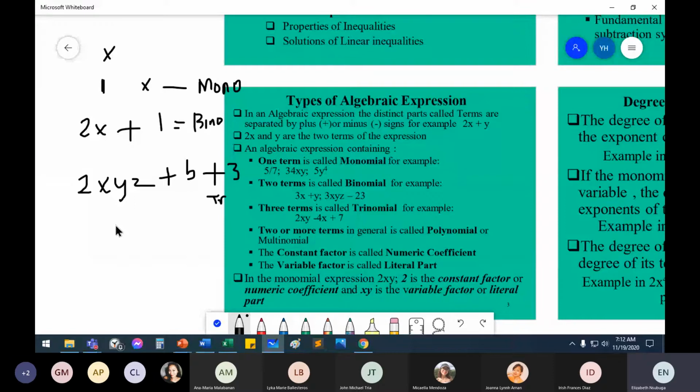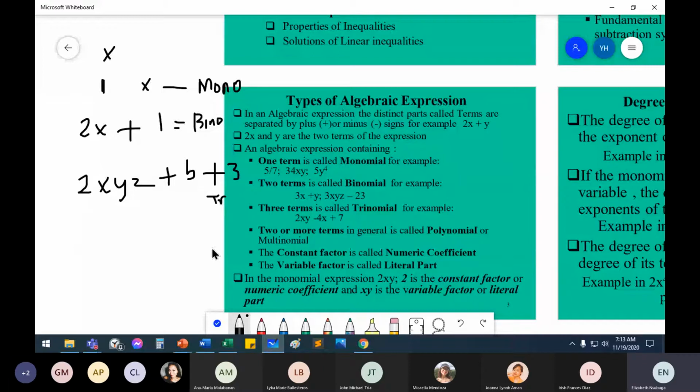Now, what if I have more than 3 terms in an expression? That is why they came up with what we call polynomial, because we cannot go on saying quadnomial, pentanomial, my goodness. So we only ended at trinomial because it's easier. Trinomial, 3-termed, binomial, 2-termed, and monomial, 1-termed. The moment it becomes more than 3 terms, it's referred to just as polynomial.